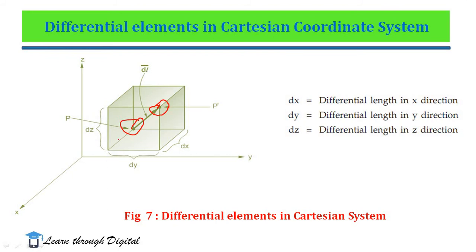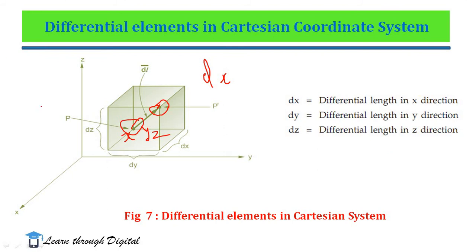That means this is point x, y, z. It increases by a distance dx. dx is the differential length in x direction. dy is the differential length in y direction. dz is the differential length in z direction.